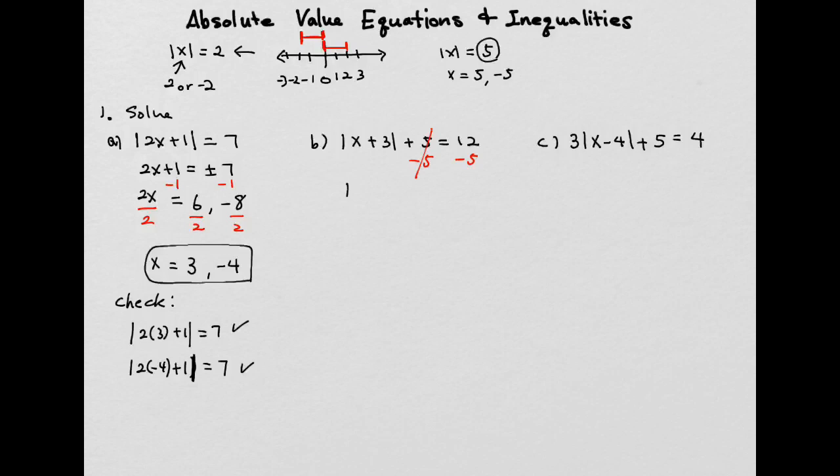Then you get absolute value of x plus 3 equals 7. Then you can take the absolute sign off and put plus minus sign on the other side. Now subtracting 3 from both sides, x will be equal to, when 7 is positive, 4. When 7 is negative, negative 10.